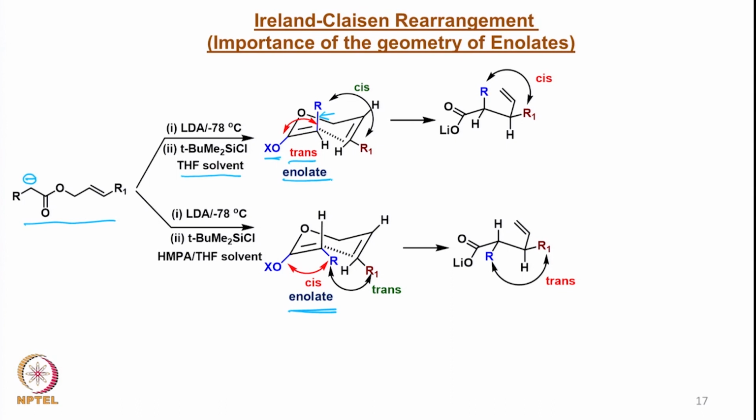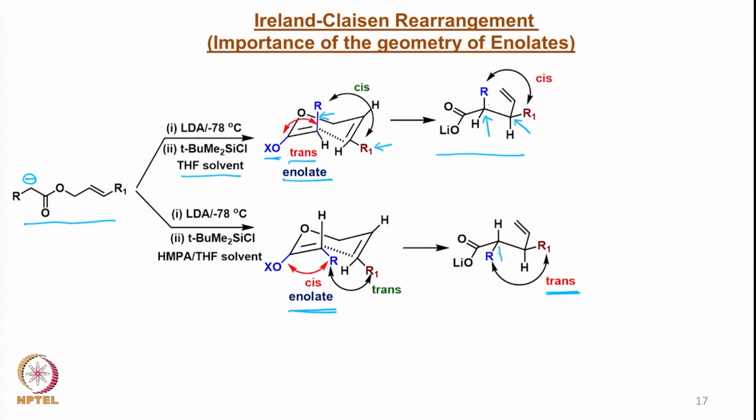Now that allows the formation, when the Claisen rearrangement takes place here, of a product in which the R1 group here and the R group here are cis to each other, and in this particular case the R group and R1 group are trans to each other. So this is basically the process in which two new asymmetric centers are being created.